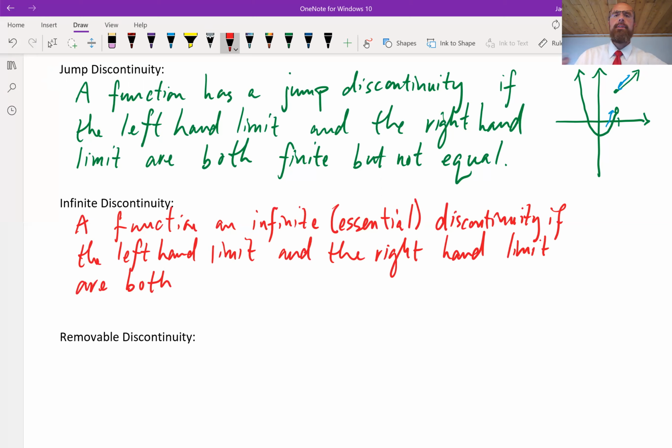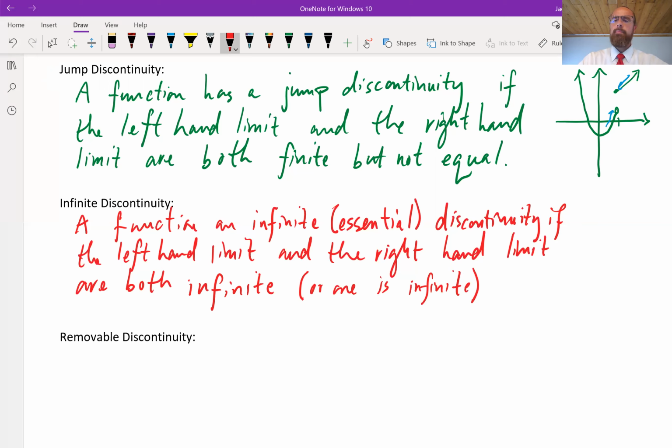And how would you change that description from the jump discontinuity? In the jump discontinuity, it was finite. The clue here is in the name, are both infinite. And really, we don't have to restrict that to both limits from the left and from the right being infinite. It could be that just one is infinite, or both infinite.